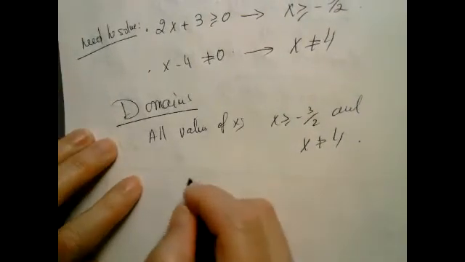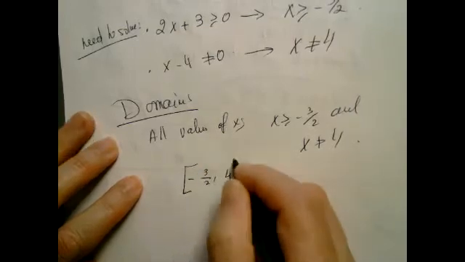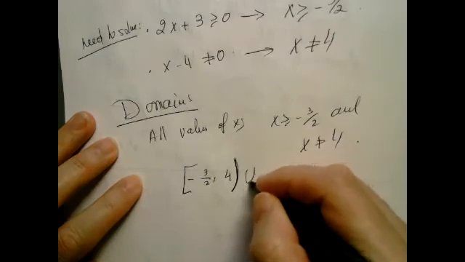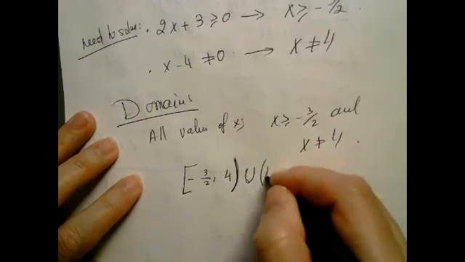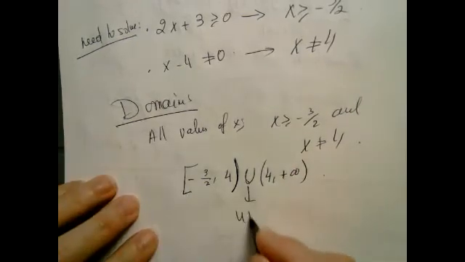In interval notation, at 4 you open it, and then there is the idea of union. Union means together with the interval from 4 to plus infinity. So this is the union sign.